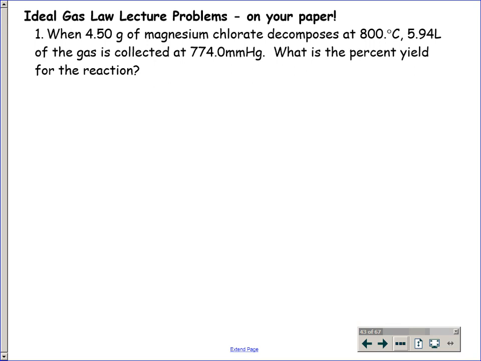Maybe think the whole process through before you fully get into it, because you need to have a game plan to make sure you're going to be able to get to percent yield.